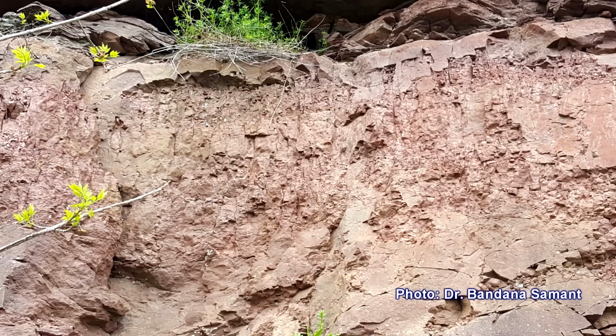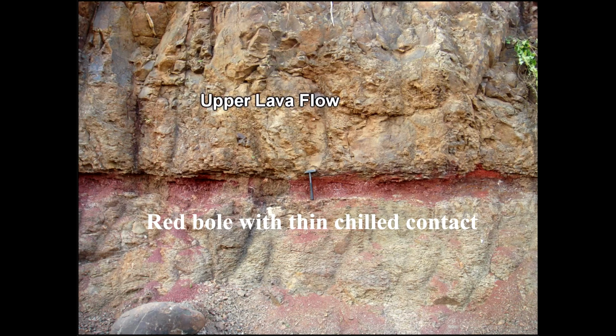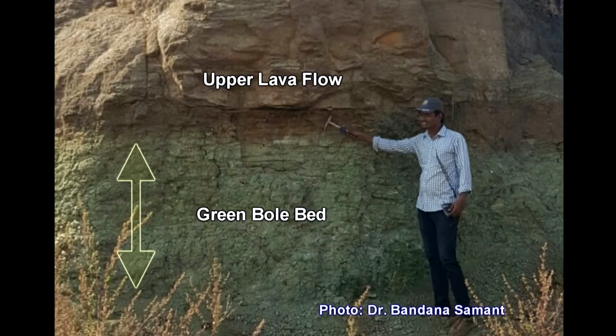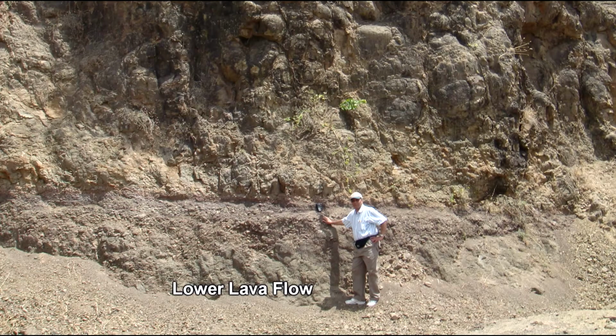After the formation of a lava flow, the surface is in interaction with the hydrosphere and atmosphere, and as a result a soil profile develops, and these soil profiles hold a lot of vegetation. This vegetation was later burnt by the subsequent lava flow, but this soil profile later fossilized, which is known as bole beds, bole, B-O-L-E, bole beds or bole horizons.